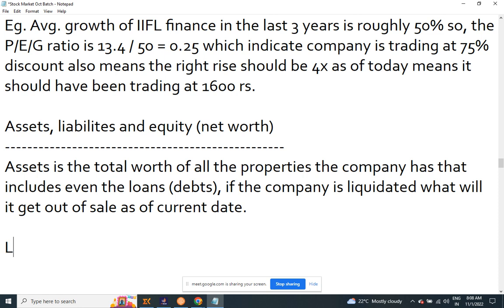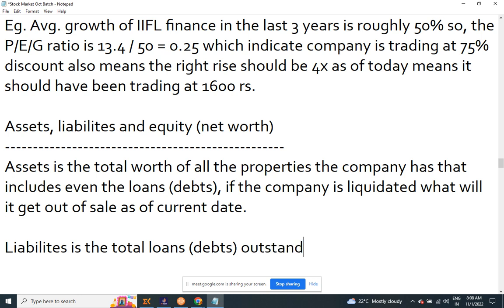Then comes liabilities. It is the total loans or debts outstanding, short term and long term.